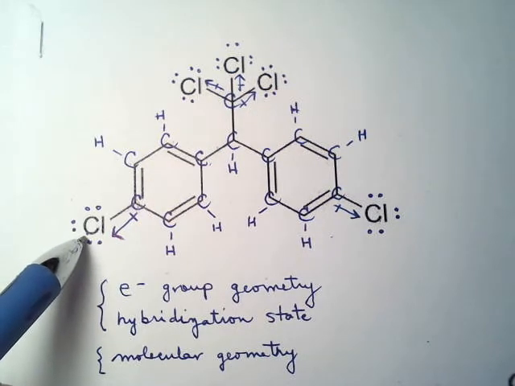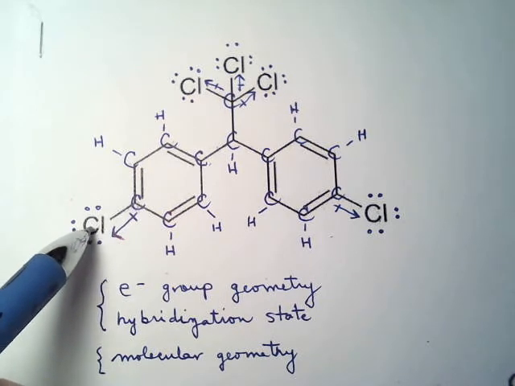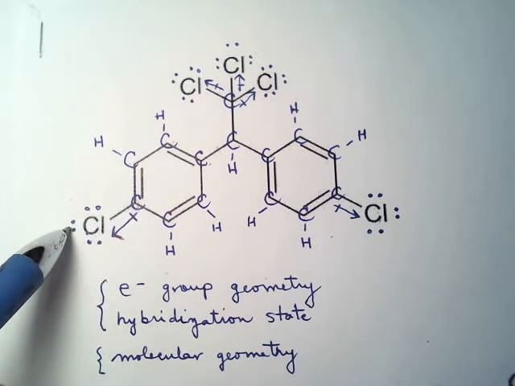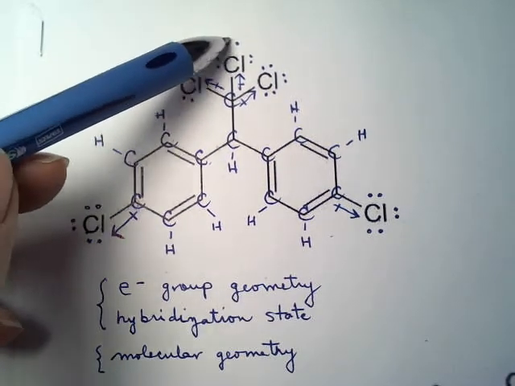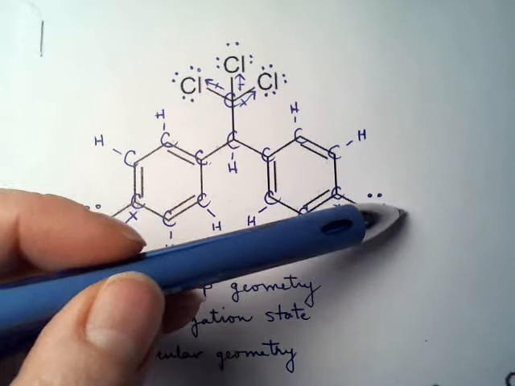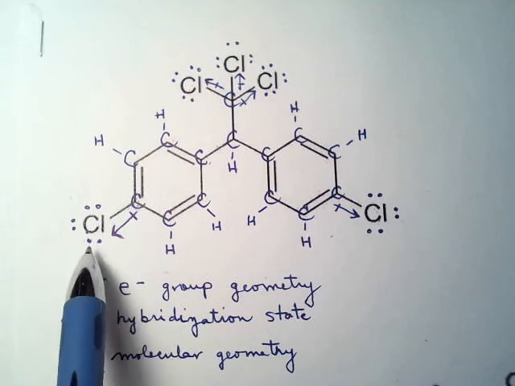Getting back to chlorine and the octet satisfaction here, the chlorine needs 8, it has 2, so I have 2, 4, 6, 8. So I added 3 pairs of electrons to each of my satellite halogens. And just to add here, what is the formal charge on this halogen?